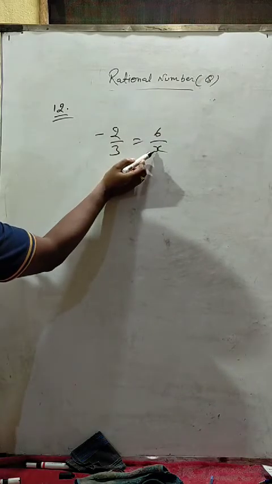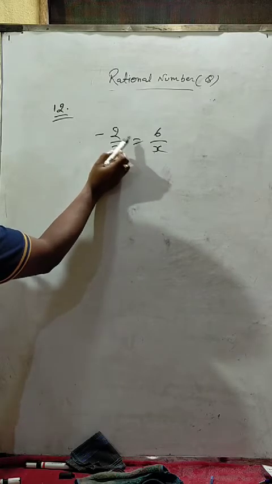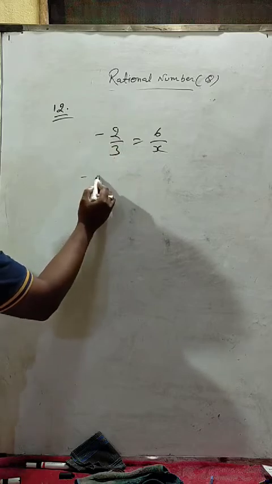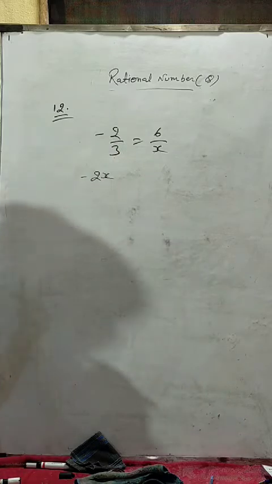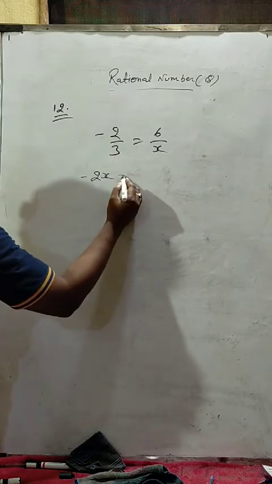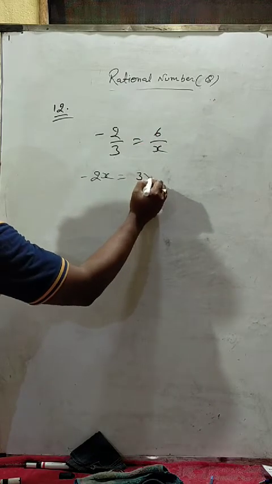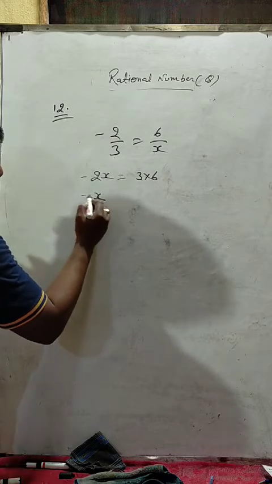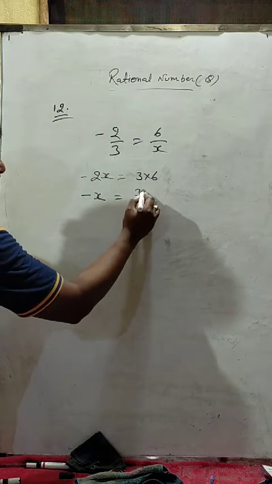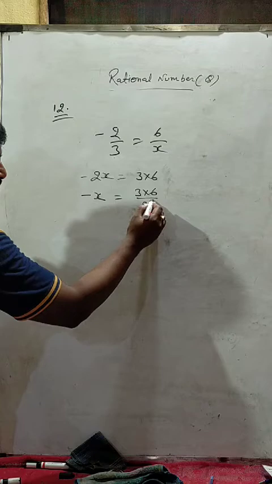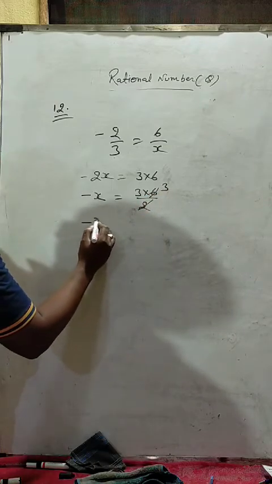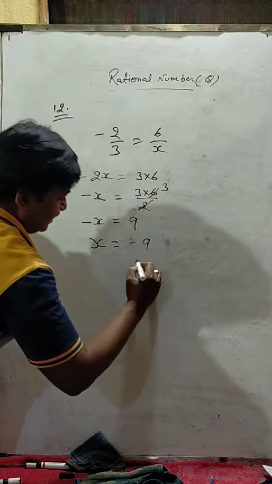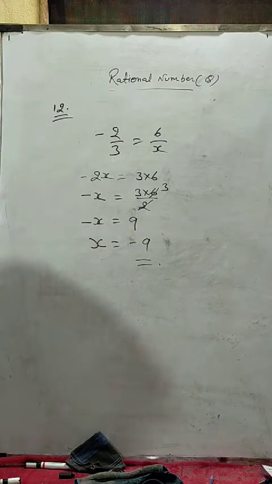Cross multiply means we will multiply x into 2 and 3 into 6. If we multiply x into 2, it's minus 2x. It will be minus 2x equal to 3 into 6. Minus x equal to 3 into 6 by 2. 2 3s are 6. Minus x equal to 9, or x equal to minus 9. This way we will find the answer.